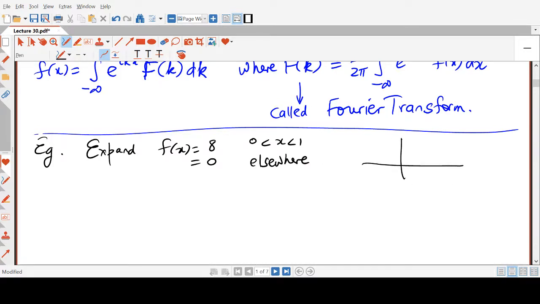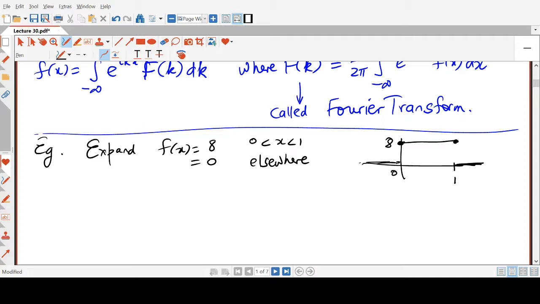So to plot it, that's 8 between 0 and 1, but elsewhere it's 0. So we want an integral representation of that function.